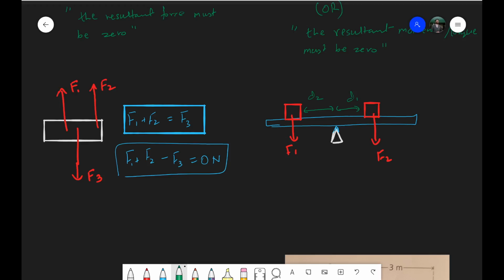For the above beam, clockwise moments, which will be F2 multiplied by D2, equal anti-clockwise moments, which will be F1 multiplied by D1. And if anything is unknown in a problem, you can find it out using the equation which we have just formed.